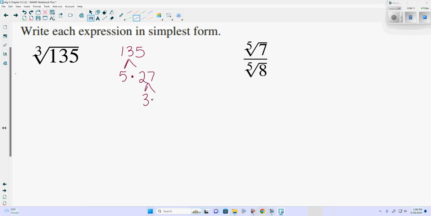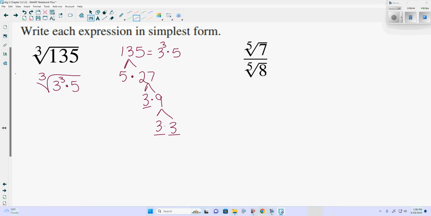It would be 3 times 9, and 9 is 3 and 3. So 135 is 3 to the what? 1, 2, third times 5. And the reason that's helpful is, now I can replace 135 with its prime factorization. So it'd be 3 to the third times 5. Questions on how we got to this here?